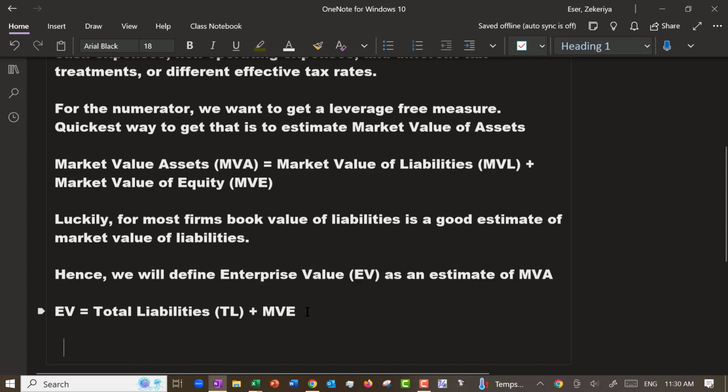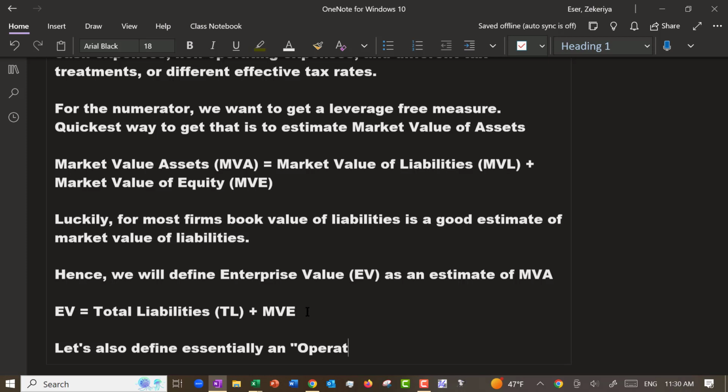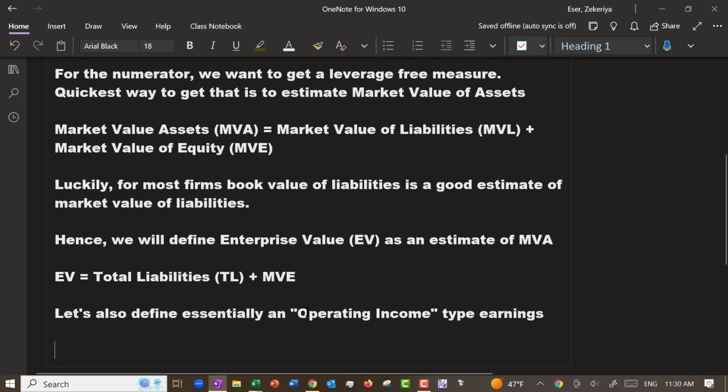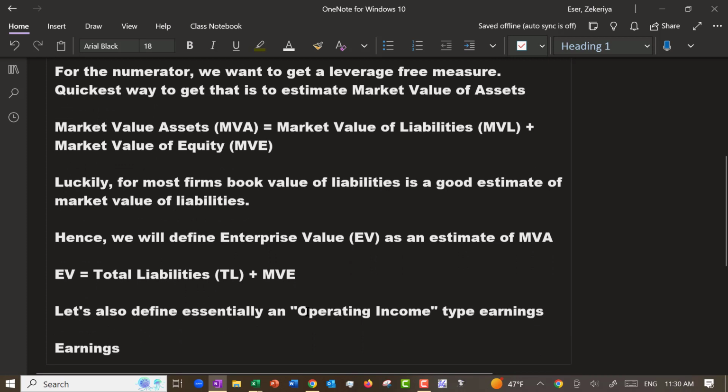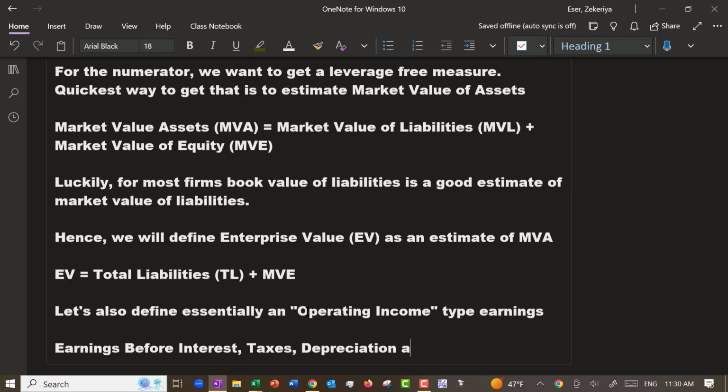Let's also define essentially an operating income type earnings, and we're going to call it earnings before interest, taxes, depreciation, and amortization.